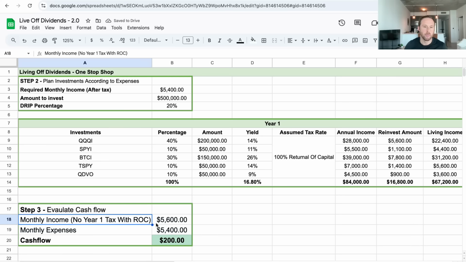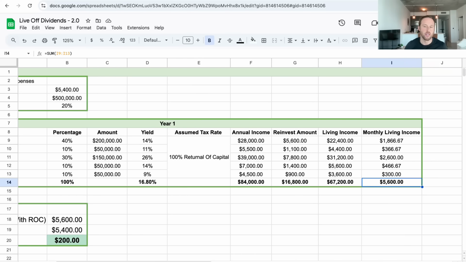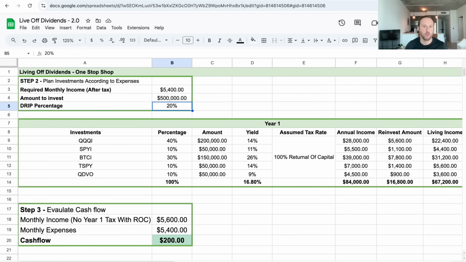the monthly income is going to be 5,600, and that is based on the portion of living income that we've allocated. If it's 20% dripped, that means we have 80% of this annual income left to utilize.